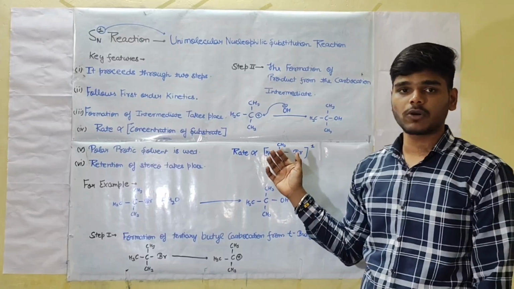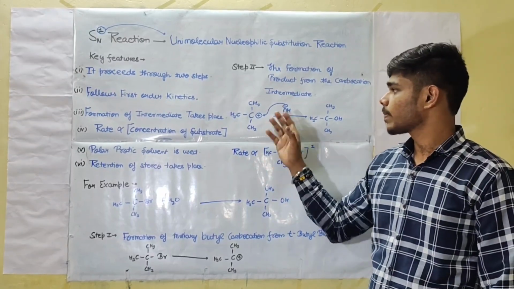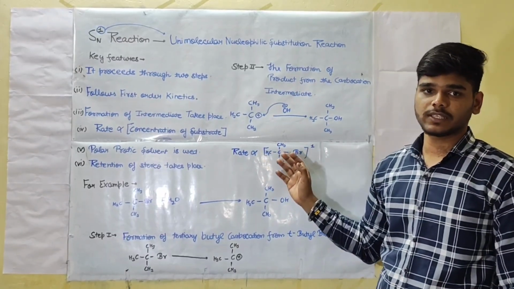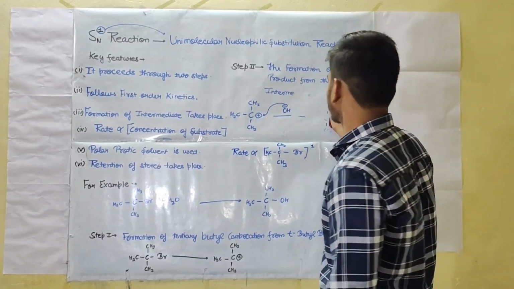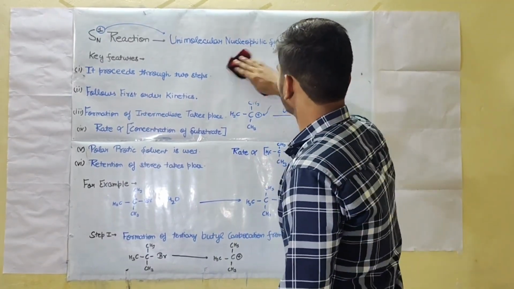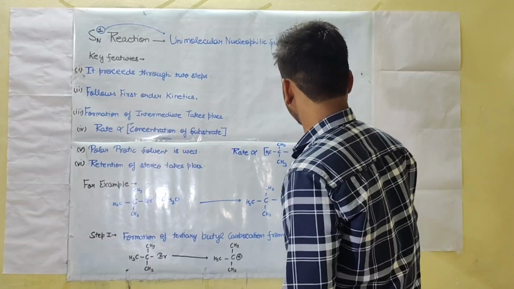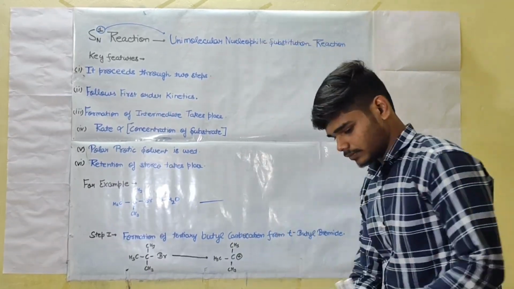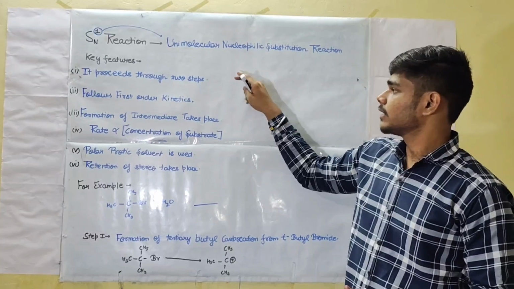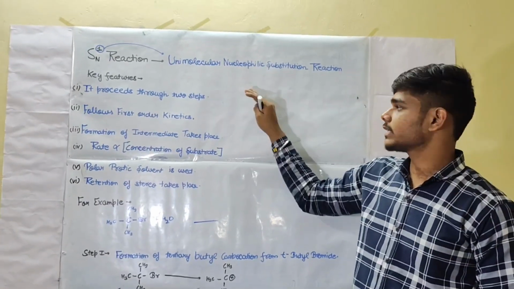So that is about the reaction mechanism of the SN1 reaction. Now we will further look at the energy profile diagram of this SN1 reaction. Now we have seen the energy profile diagram of SN1 reaction.